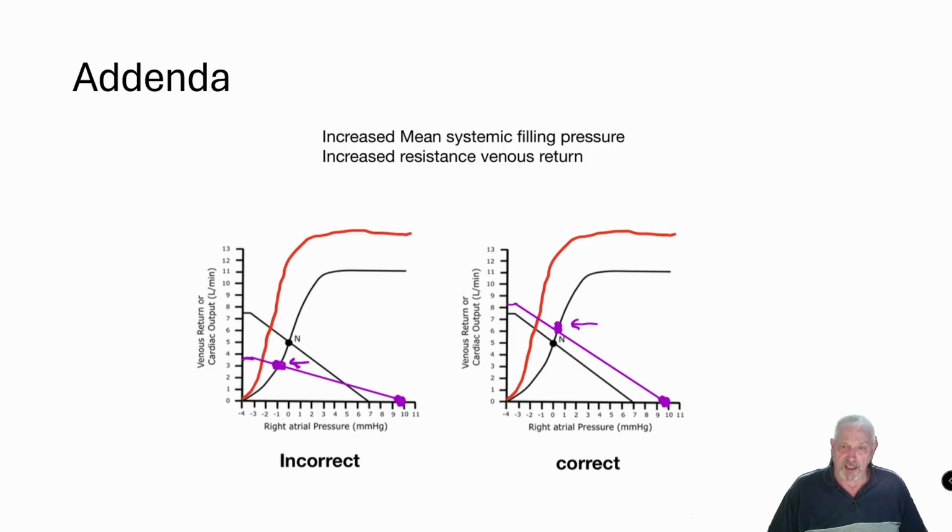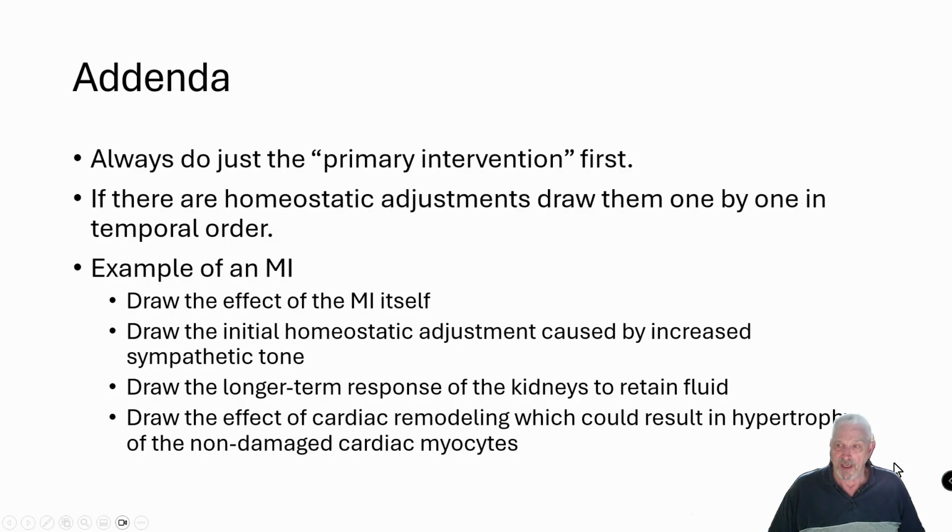The second addenda point that we want to make is that when you have a complex intervention, you may have reflex things going on. And so what I recommend for drawing those curves, and maybe the way test questions would be written, to be fair to both the test writer and the test answerer, would always be to consider only the primary intervention unless reflex adjustments were specifically mentioned.